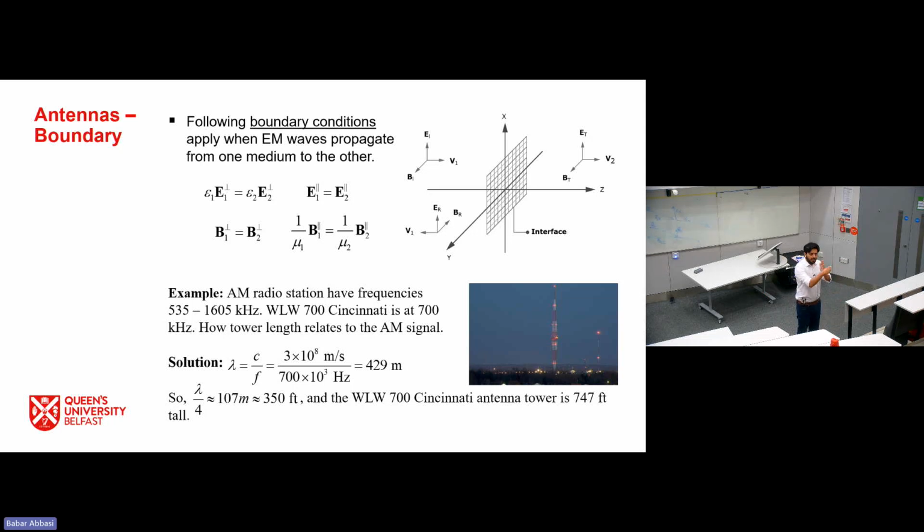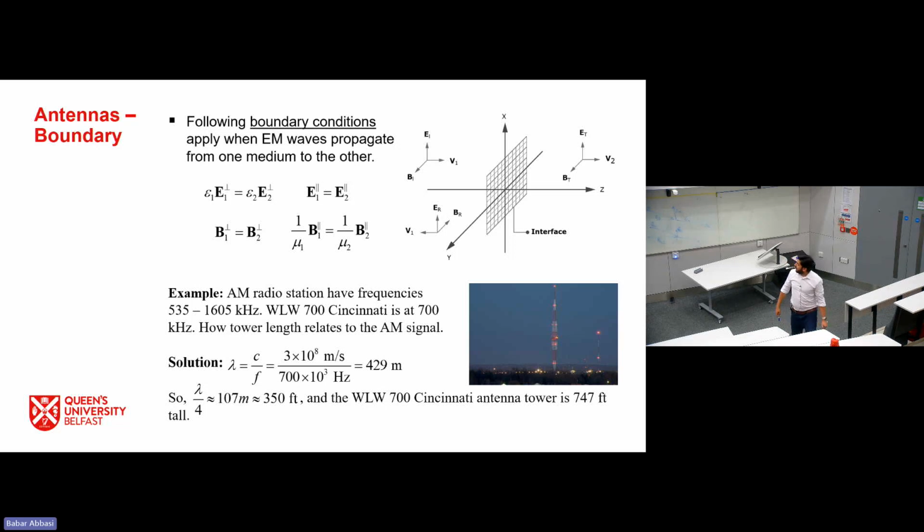But the perpendicular vector is related to each other with reference to epsilon of each layer. So for example, my epsilon is epsilon naught because it's air on this side, but there is a dielectric permittivity for the material. So that permittivity has an impact on the perpendicular vector.